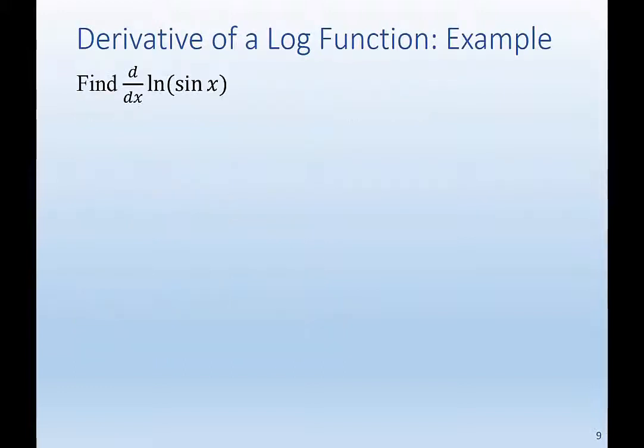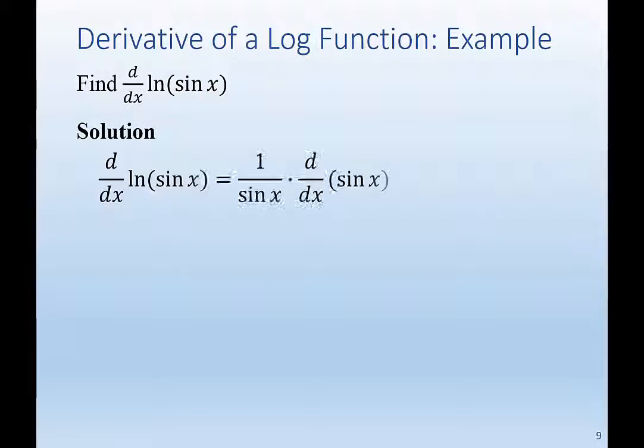So in this example, we have a function, natural log, and a function inside as well. So we can simply differentiate that using that result that we just had. That is, we'll differentiate the natural log function to get 1 on our inner function, which is sine x, and then differentiate the sine x.